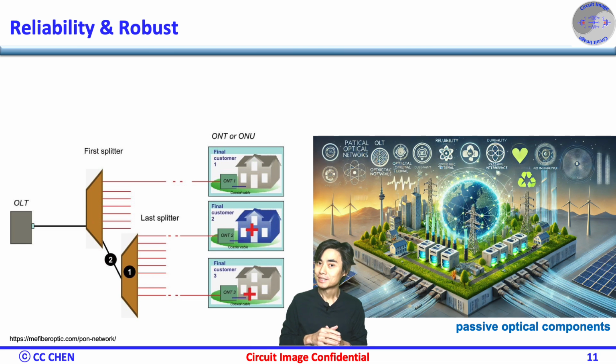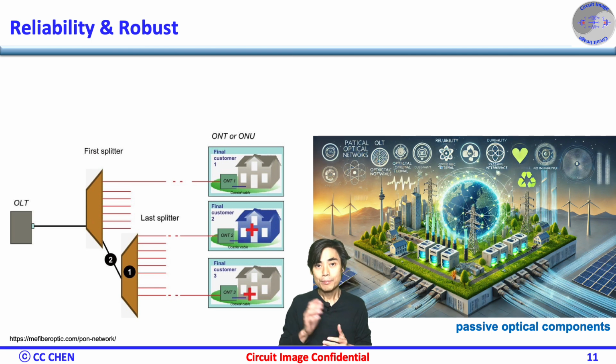failure points. Optical fibers are also more durable than copper and are immune to electromagnetic interference, enhancing both network reliability and performance. This makes PON ideal for both urban and rural areas, where reliability is crucial.